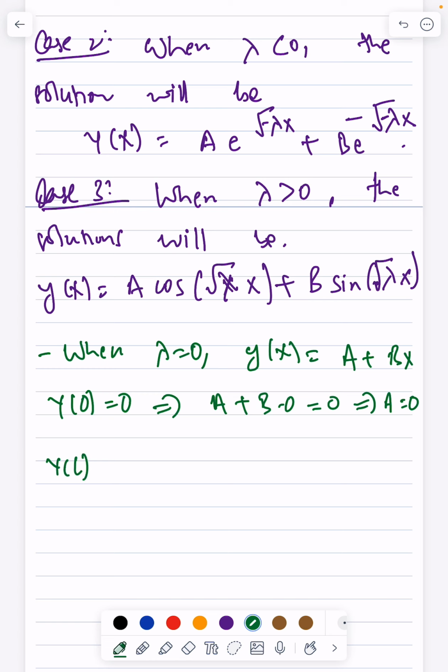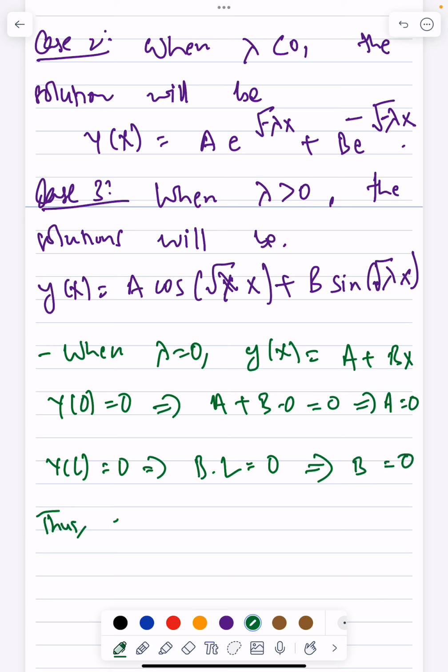And our second boundary condition, y of L equals 0. Now a is already 0, then b times L equals 0, and that just implies b equals 0. Thus we get a trivial solution. So no eigenvalues and no eigenfunctions when lambda equals 0.